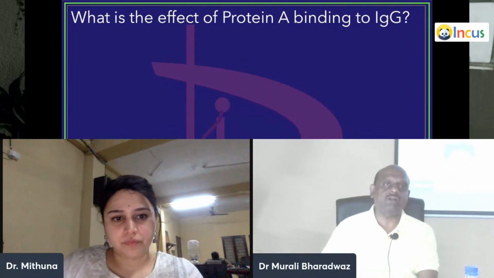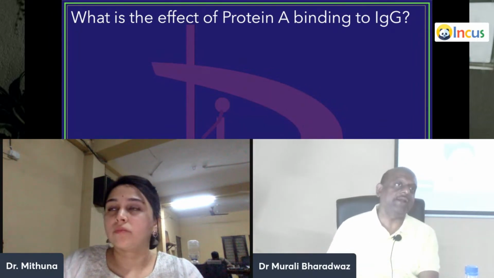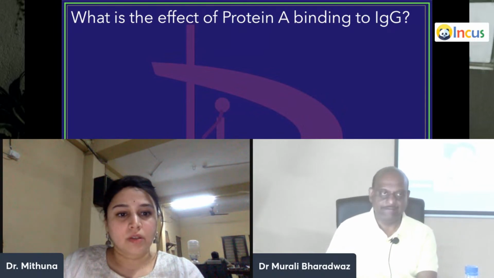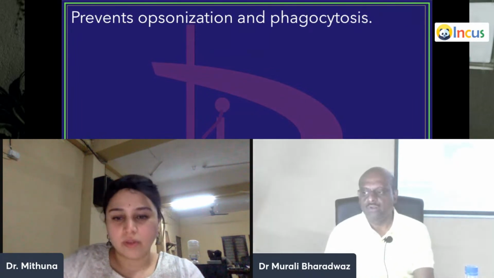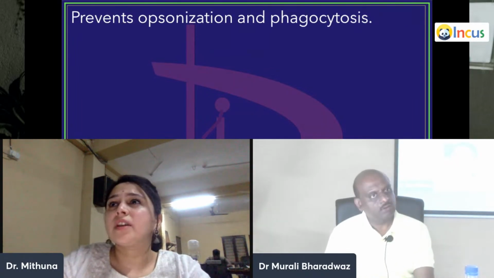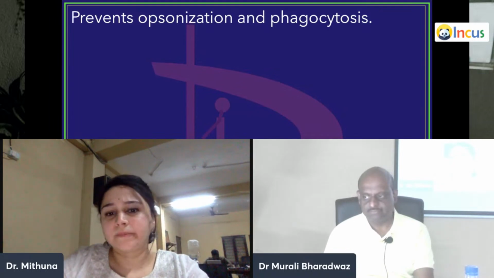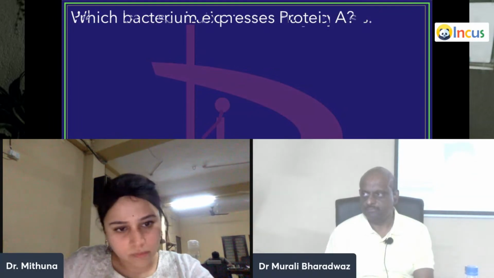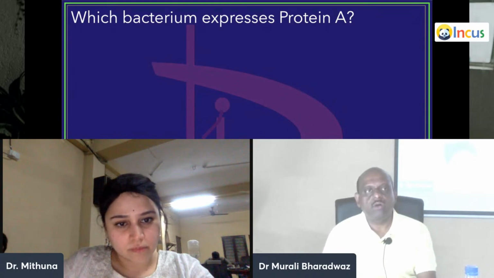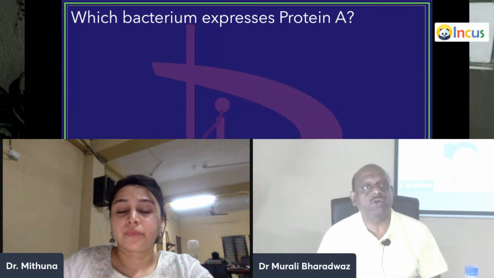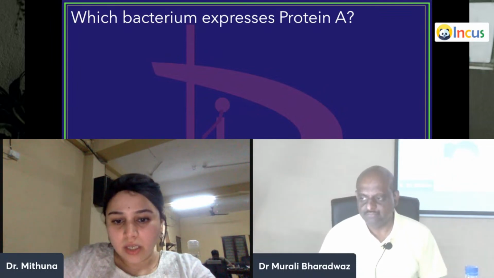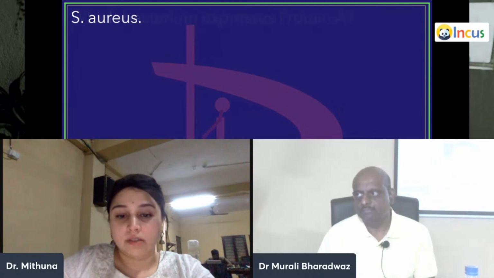So, what is the effect of protein A binding to the IgG? It prevents opsonization. The bacteria that expresses protein A is Staph aureus.